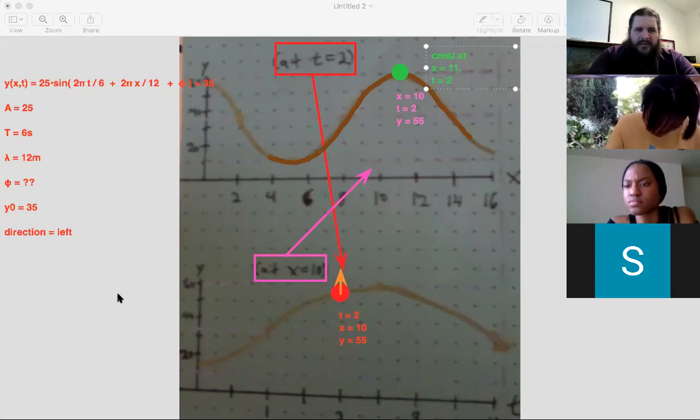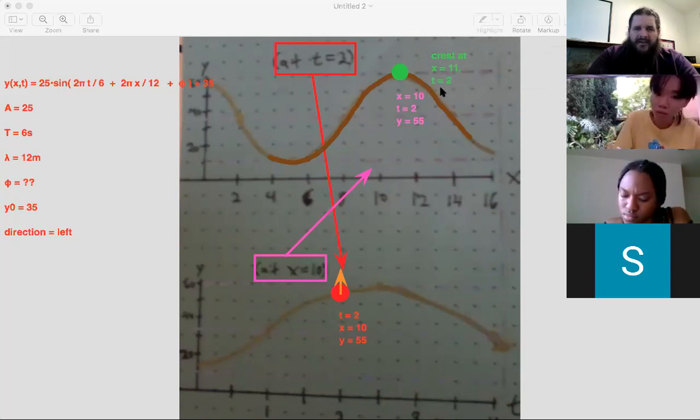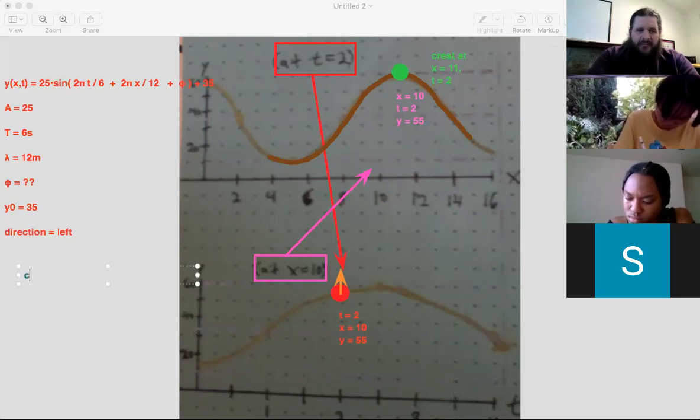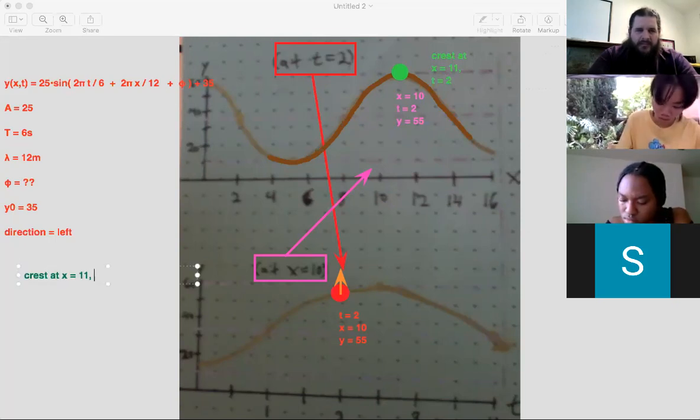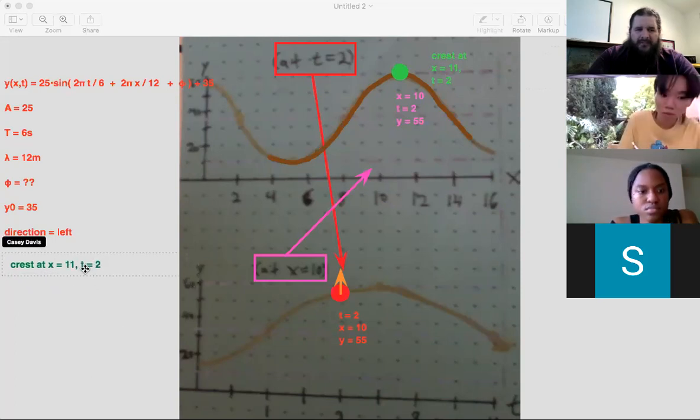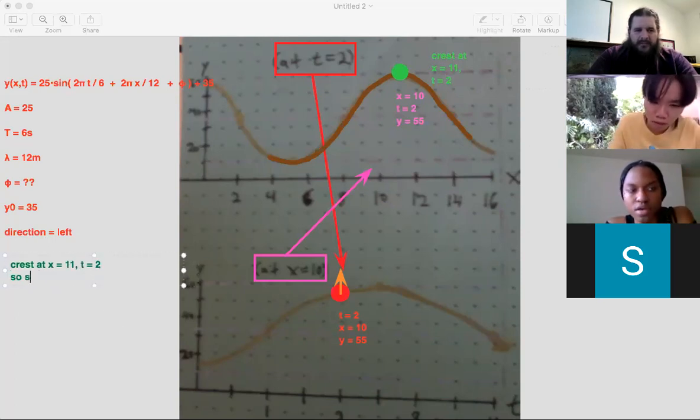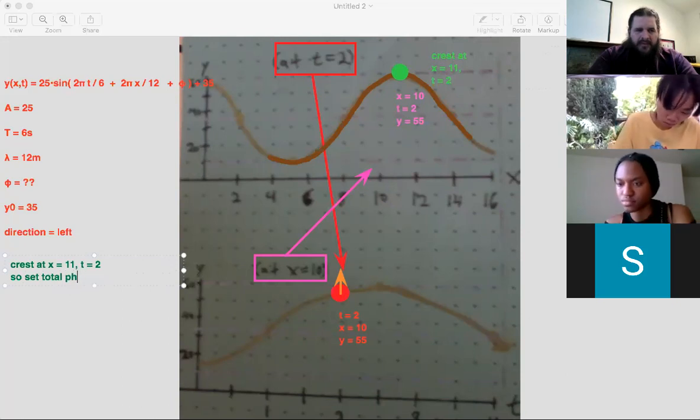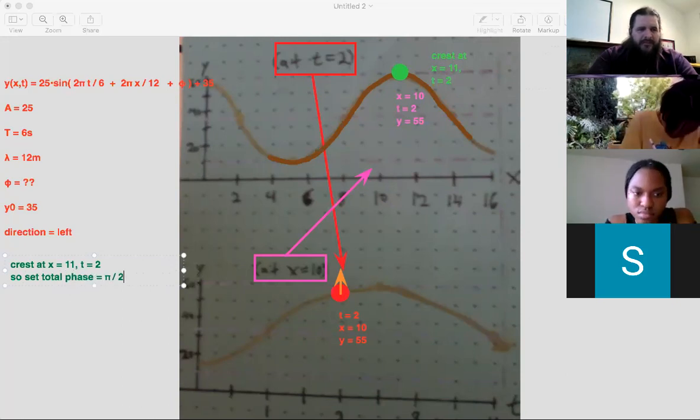Yeah. So if we plug in 11 for x and 2 for t, that should give us a crest. And what should the total phase equal if we're at a crest? Pi over 2. Right. Total phase equal to pi over 2.